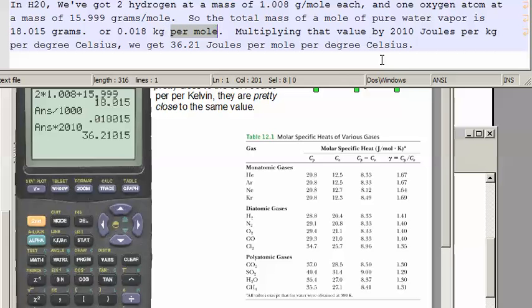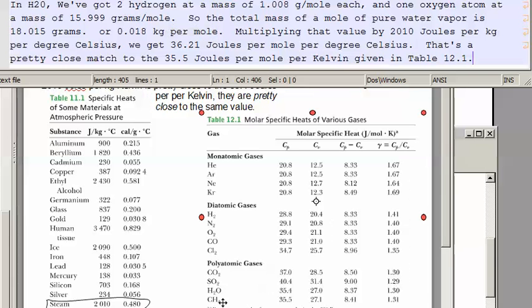Multiplying that value by 2010 joules per kilogram Kelvin, we get 36.21 joules per mole per degree Celsius. That's a pretty close match to the 35.4 joules per mole Kelvin given in table 12.1 for water.